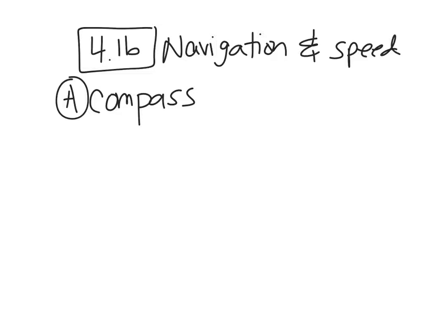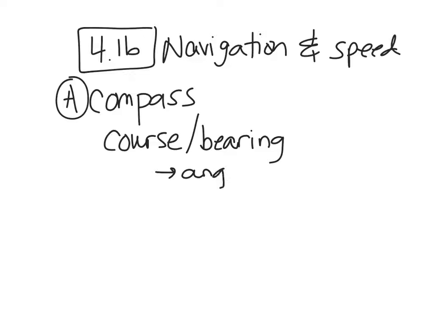No? Okay. All right. Anyways, now, when we talk about the direction of a boat or an airplane, we talk about its course, or its bearing, what bearing it takes. The course or bearing that a boat or a jet takes is given as the angle of the line of travel.